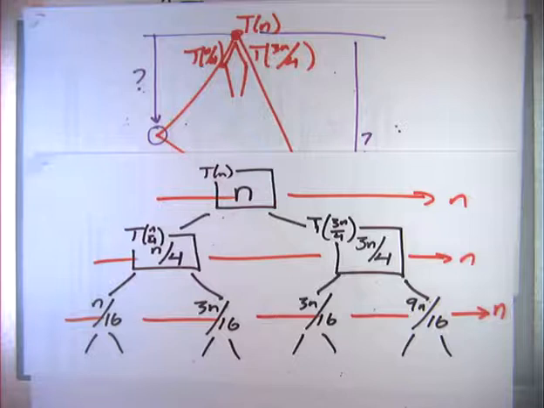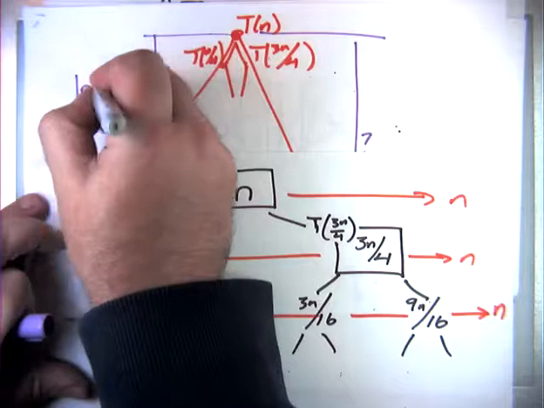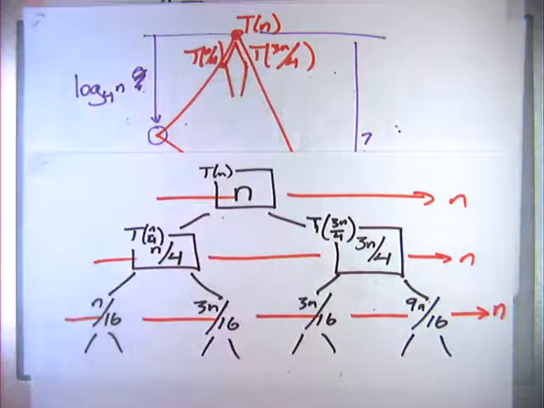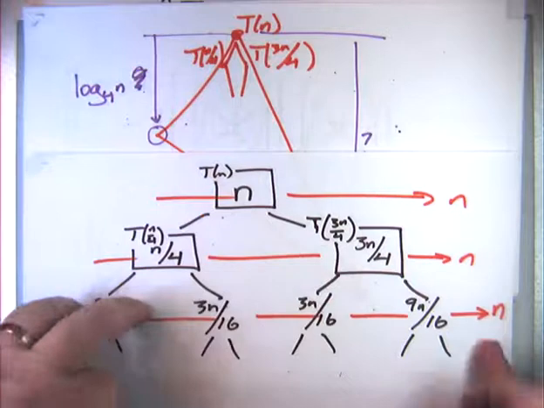How deep is the leaf on the far left of this tree? Exactly. This depth is log base 4 of n. And how deep is the leaf on the far right side of the tree?